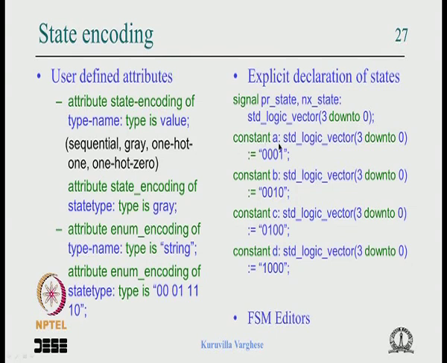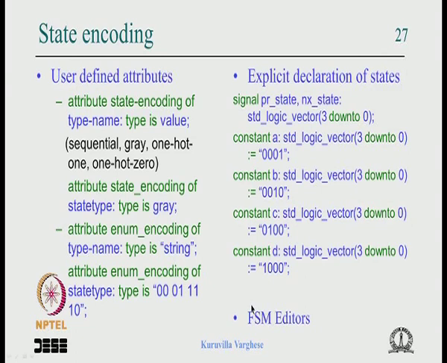You say constant A is std_logic_vector 3 downto 0 equal to 0001, constant B, constant C, constant D and so on, then you can use ABCD only. So even if the states are changing, in the architecture declaration region you can come and change it in one place and do the change in the coding.